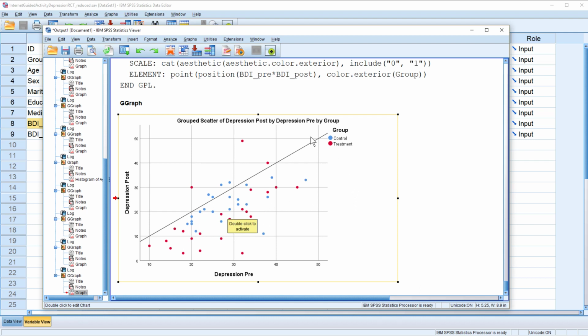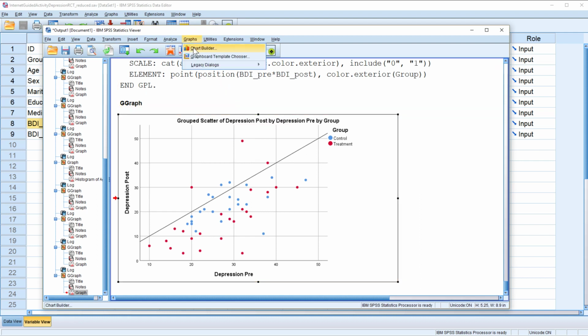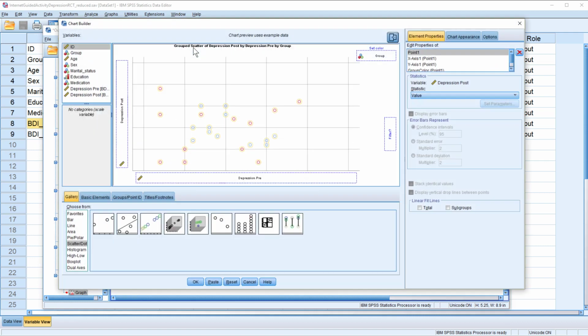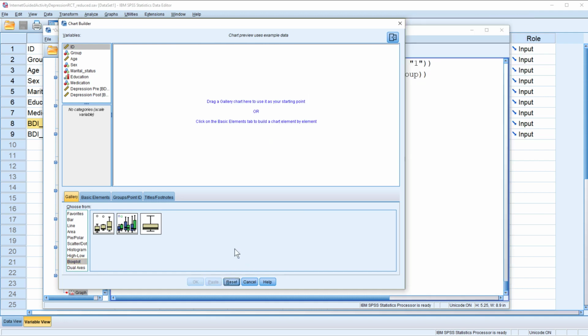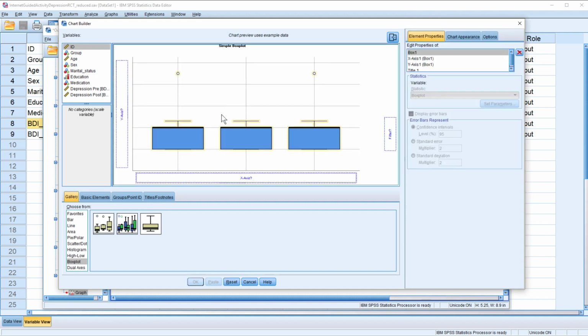So we could have a look at that with a box plot as well. Let me just quickly drag that on. Now, because this is what we call paired data, where we have the before and after measurements, I wonder if it won't let us do it actually. Let me just try it.